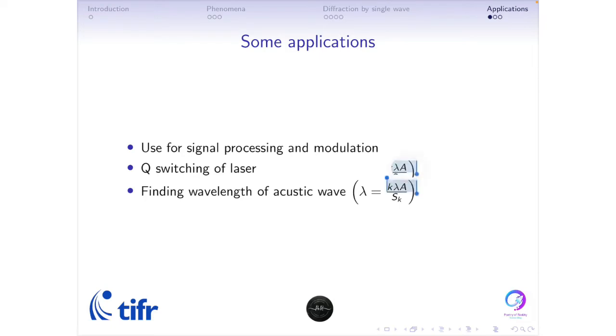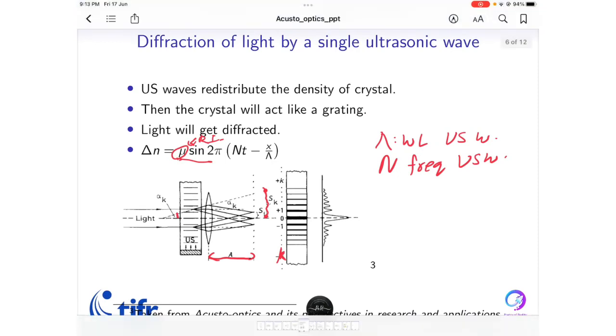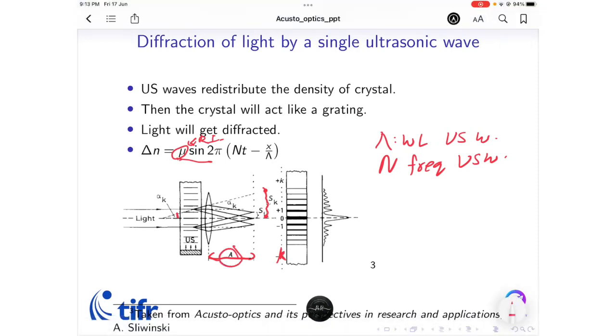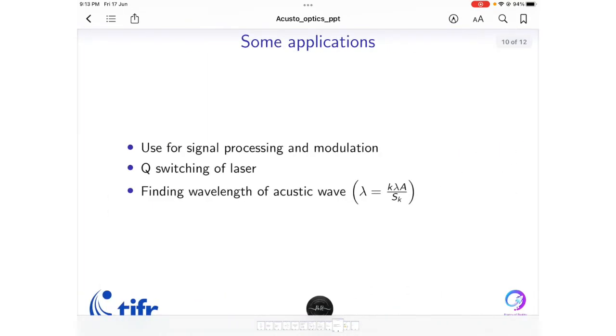Here this is A and this is SK, this is alpha K. So in an experiment, if we know all of these things, using this equation we can find the wavelength of the acoustic wave. Actually this is capital lambda, this is small lambda. So using that we can find the wavelength of the acoustic wave.